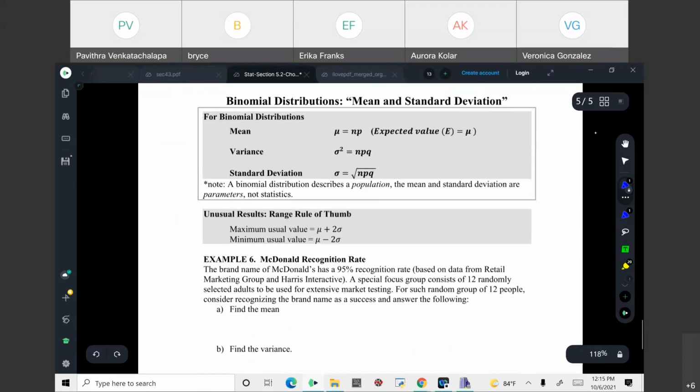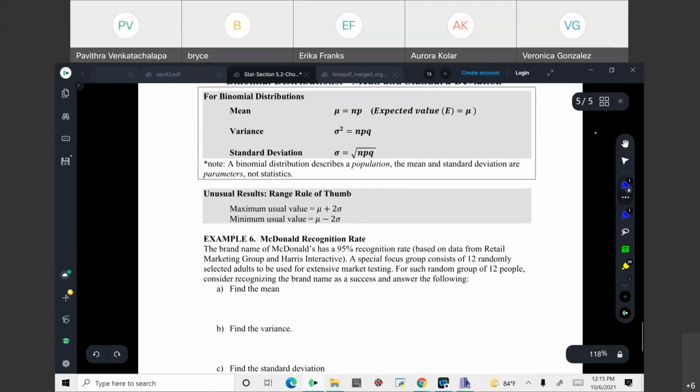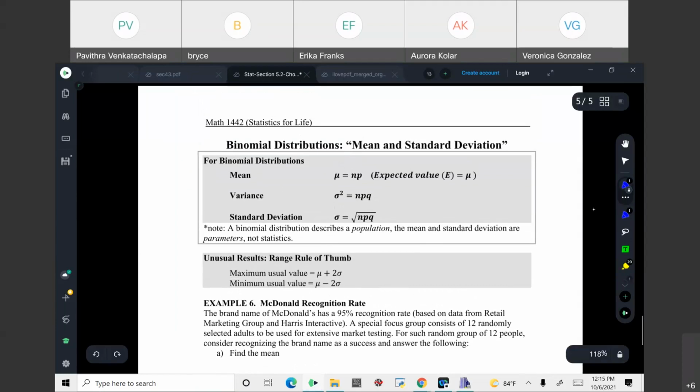So next is binomial distributions, mean and standard deviation. So this is just a formula. You can use these formulas to find mean, variance, standard deviation of a binomial distribution. Now remember, these formulas vary depending on the type of distribution.